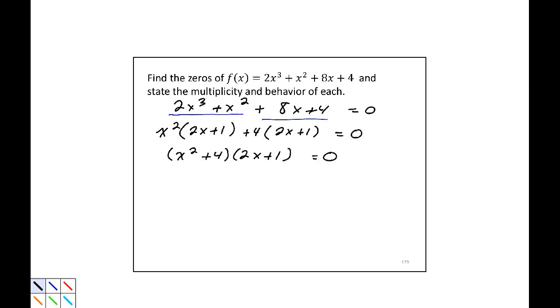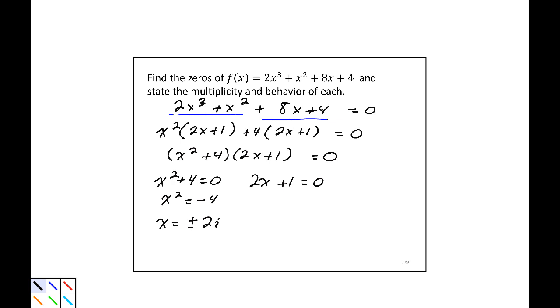Setting each of those factors equal to 0, we have x squared plus 4 equals 0, 2x plus 1 equals 0. The first equation will give us x squared equals negative 4. Taking the square root of both sides, we see that x equals plus or minus 2i.